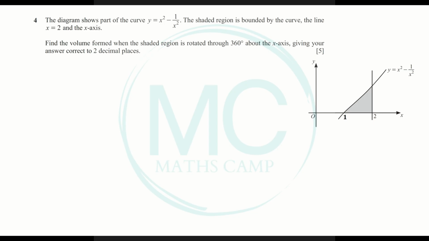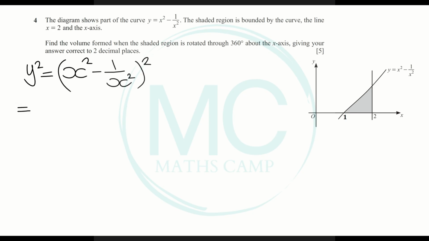To find a volume of revolution, the first thing we need to do is square our equation. So I can say that y squared is equal to x squared minus 1 over x squared, squared. In this case, let's expand our bracket.